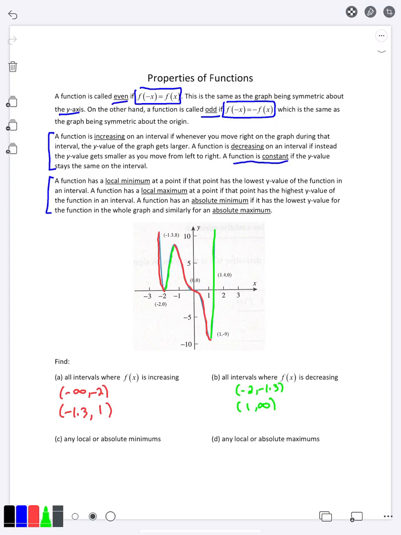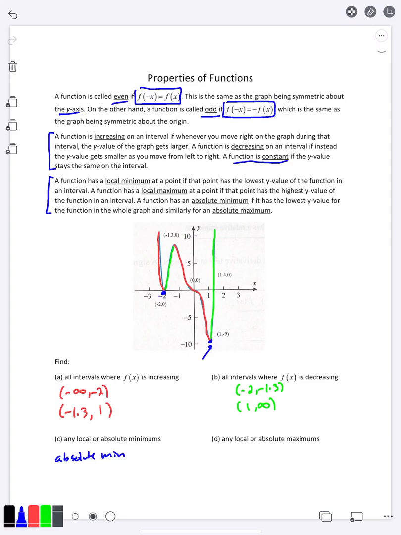Now we need to look at local or absolute minimums. What are the lowest points here? Well, I see two points that are low areas. Those are both low there. Now, which one is the absolute? Well, the absolute minimum, that would be this point down here.